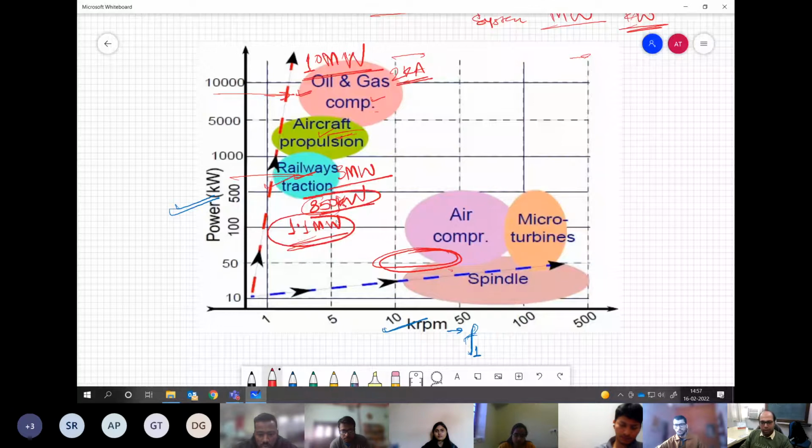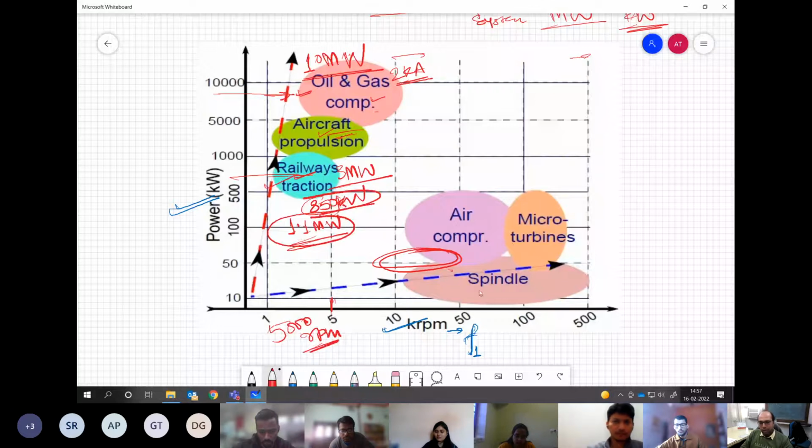For all these applications, the speed is not very high, limited to something like 5000 RPM. So we can say low or moderate speed applications.